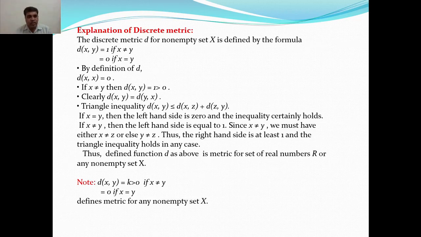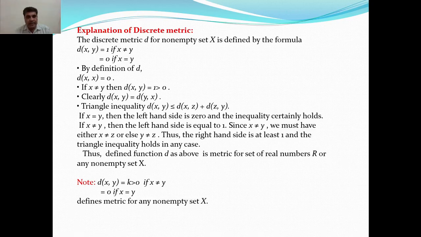Similarly, if x is not equal to y, then d of xy is 1, that is, the left hand side of the triangle inequality takes one value. In that case, again, whatever the choice of z, it must differ from either x or y.